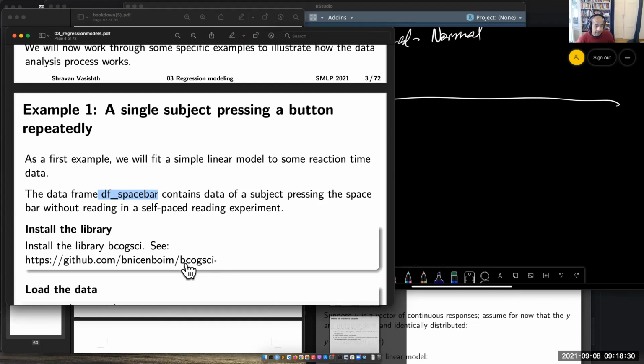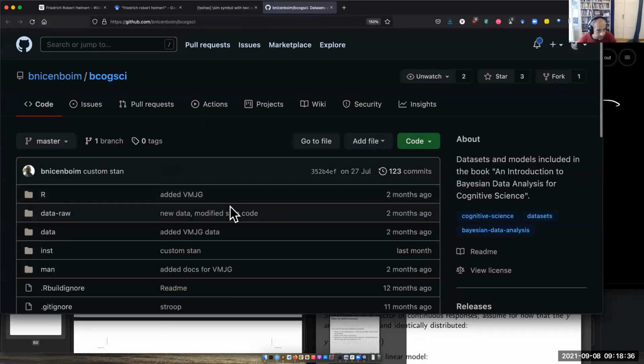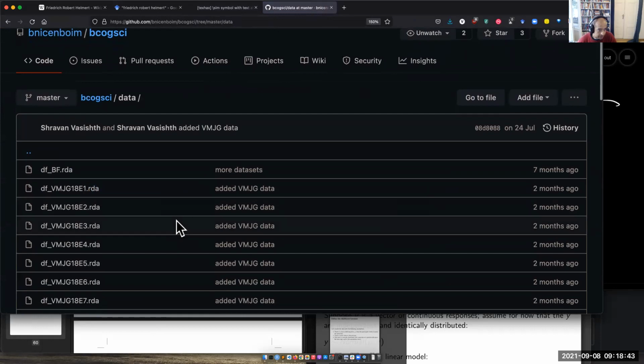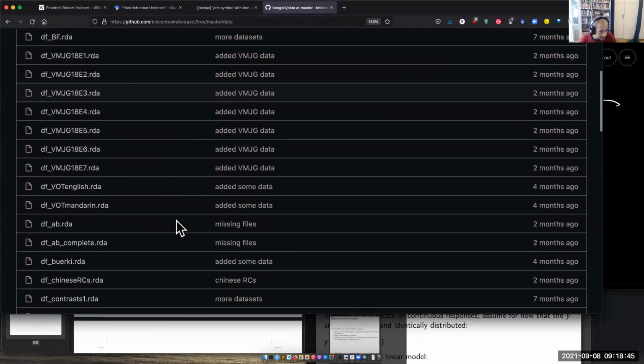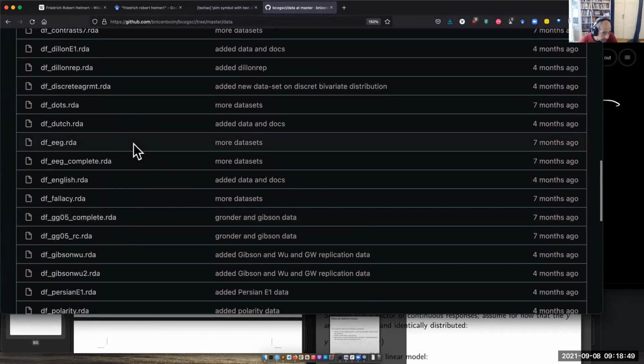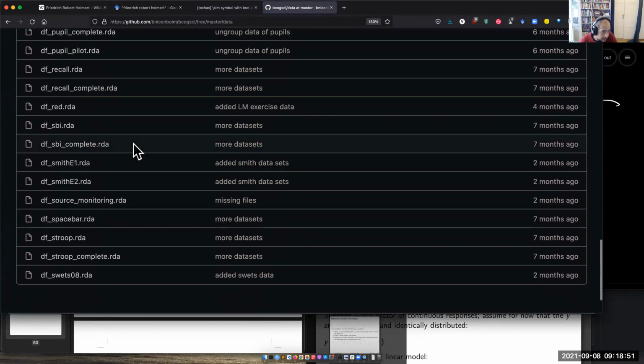The reason is that if you go to the home page where this library lives, right? So I'm showing you that web page now, hopefully. Yeah. So if you look here, there's a directory called data. And even if you can't install this package as an R package, you can just download the data set that you want to look at, right? So DF spacebar, where is it? Here somewhere, right?